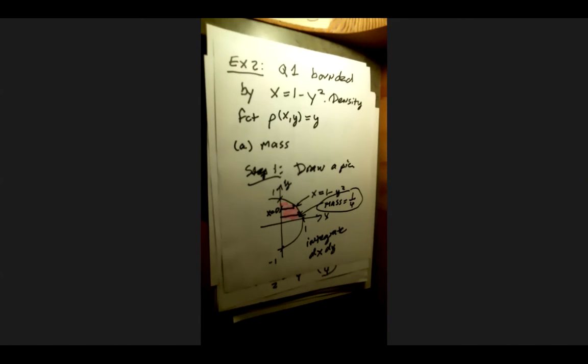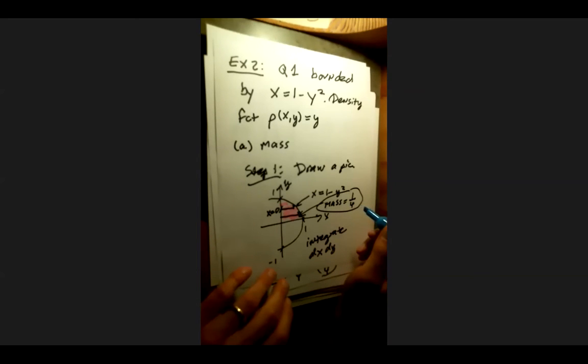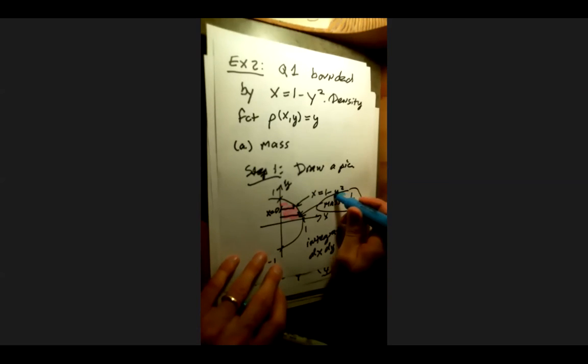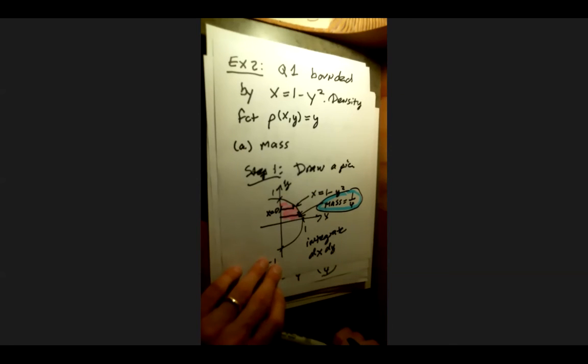And that's units squared? It would be units of mass, so that would be kilograms. I guess it could be slugs if you were in the English system, something along those lines.